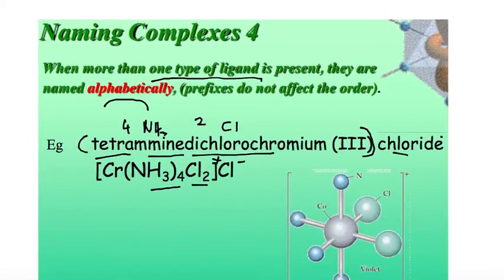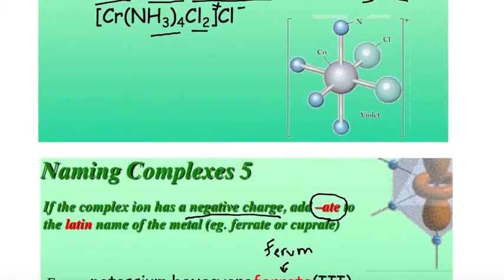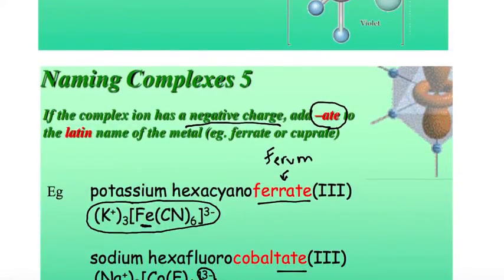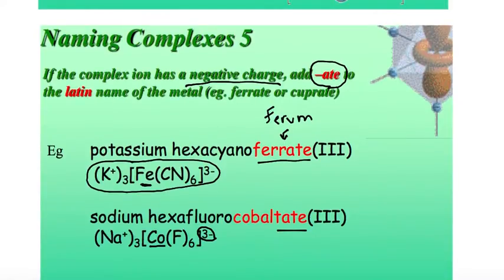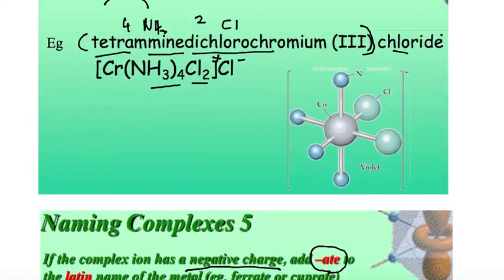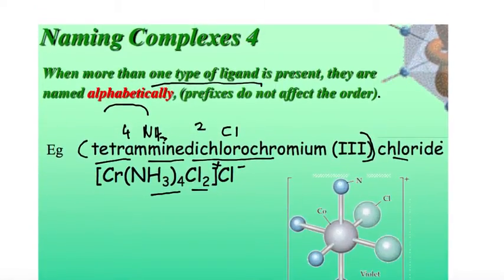If the metal is located in the complex as a negatively charged complex ion, then we add the term -ate at the back of it. And one more, if there's more than one type of ligand, we will name them alphabetically. So ammine comes first compared to chloro.